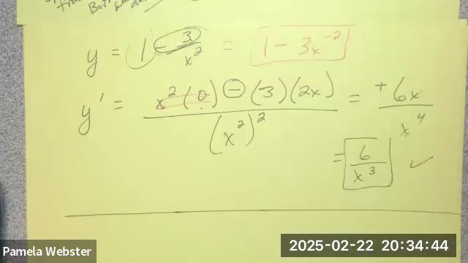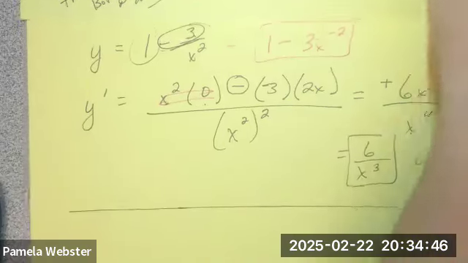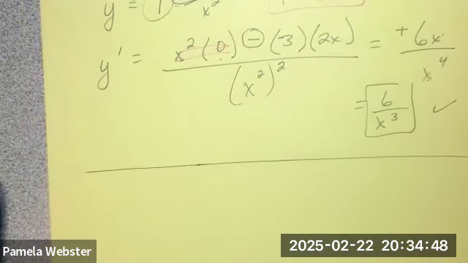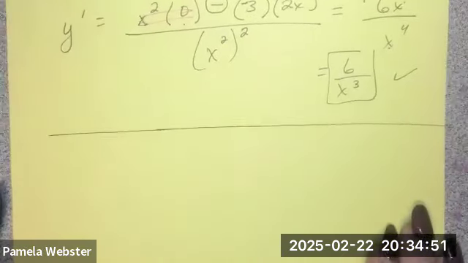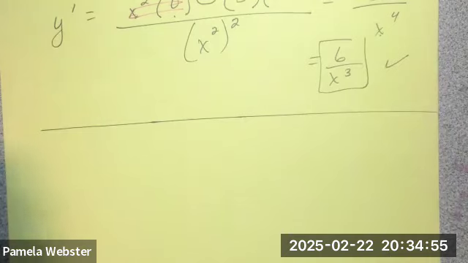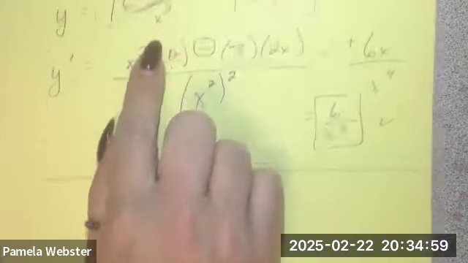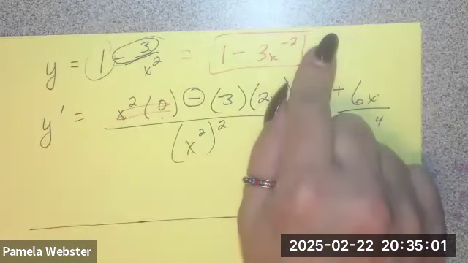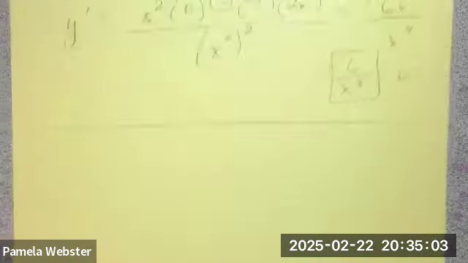Unless I say on the test to use the quotient rule, it's really going to be a matter of you looking at a problem and asking, how can I take this derivative? If you think, what if I move this x squared to the top and make it a negative exponent, then that's fine. As long as you're using legitimate exponent rules, you'll be fine.